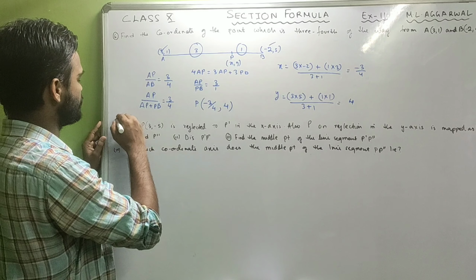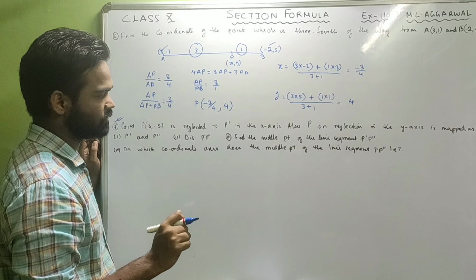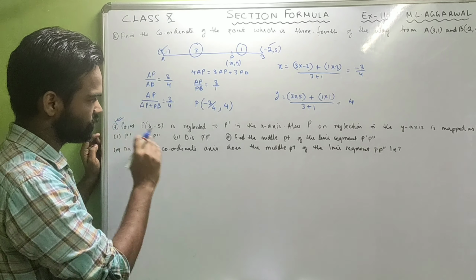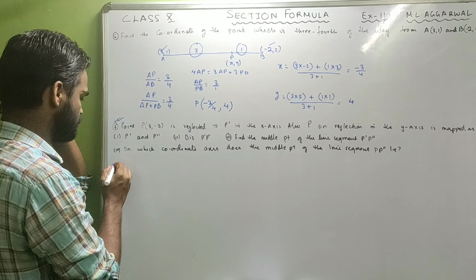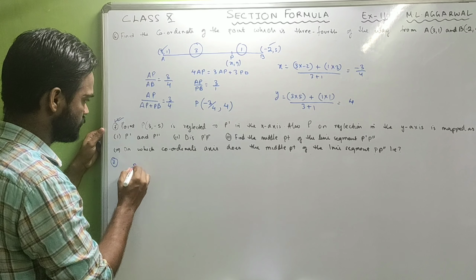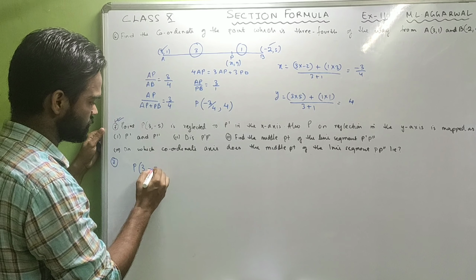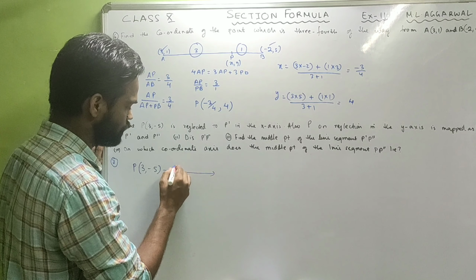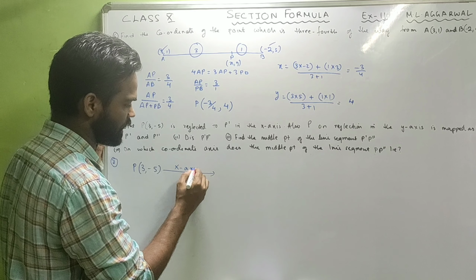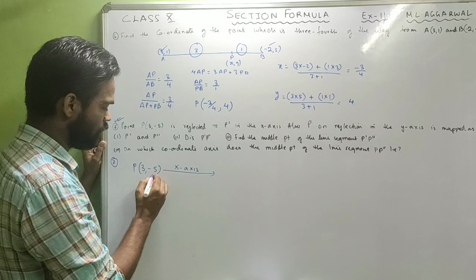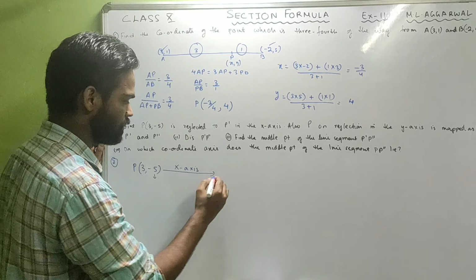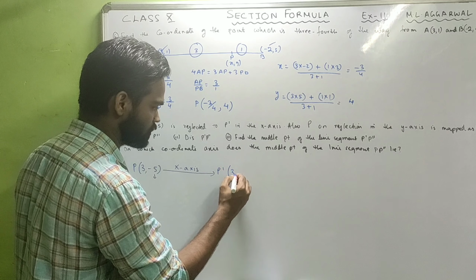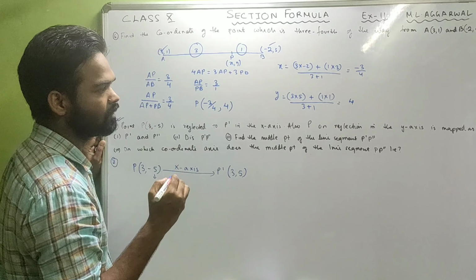Now number 7, very interesting. We have done reflection. The concept we are going to use over here: if the point P (3, minus 5) is reflected to P dash in the x-axis, we know on reflection on the x-axis the sign of the ordinate changes, which means P dash will be (3, 5). Done.